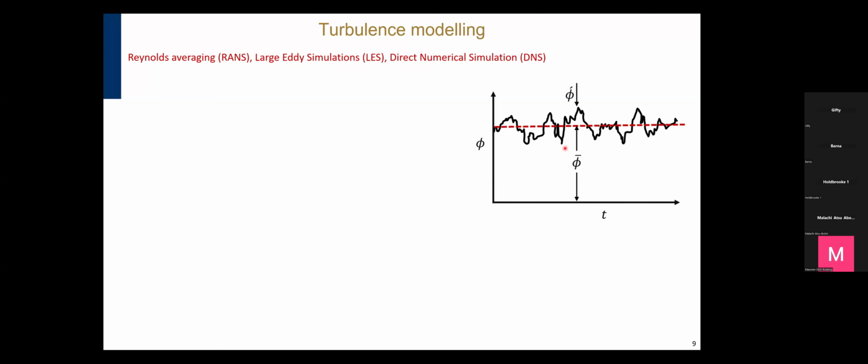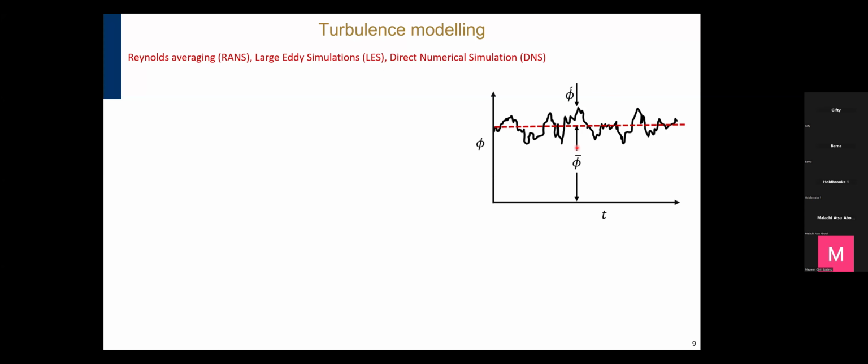That means you need a very fine mesh to capture all of the length scales, and your computational cost is around the cube of your Reynolds number, which is quite expensive to solve. So mostly for engineering applications, you would be dealing with RANS or LES.